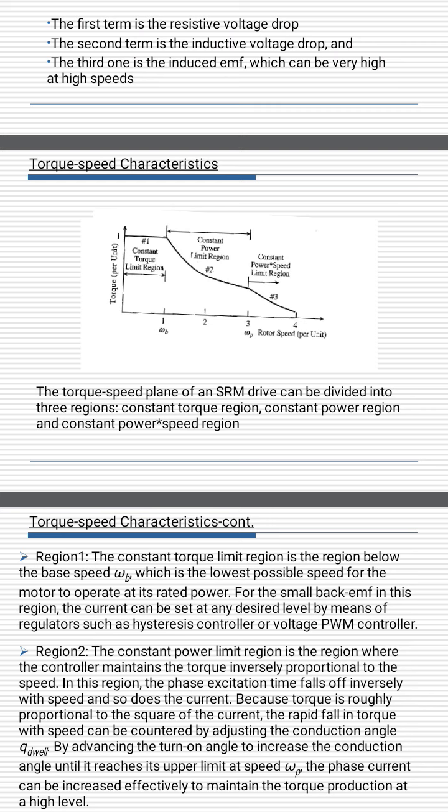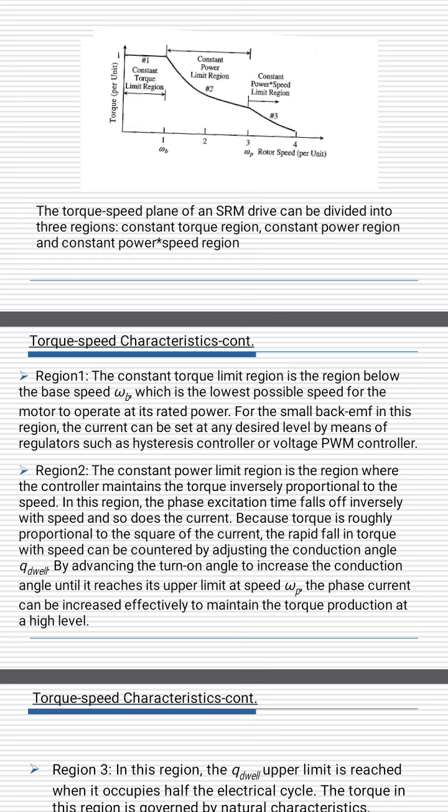From W2 to W3, the constant power speed limit region, known as W3 with base W4. The torque speed plane of an SRM drive can be divided into three regions: constant torque region, constant power region, and constant power speed region.